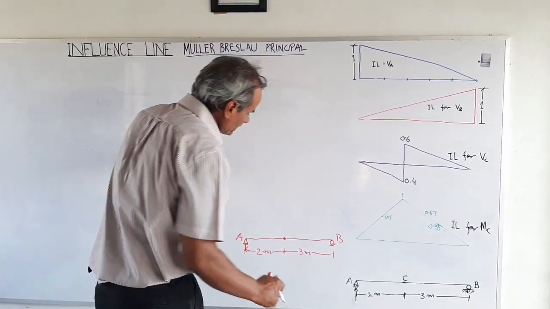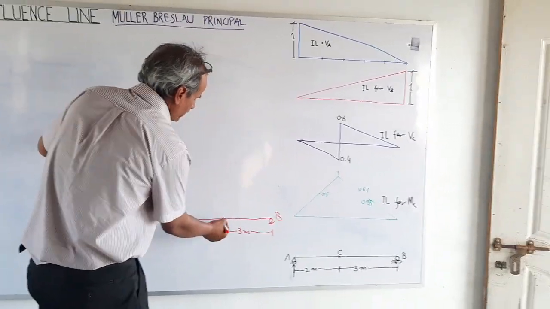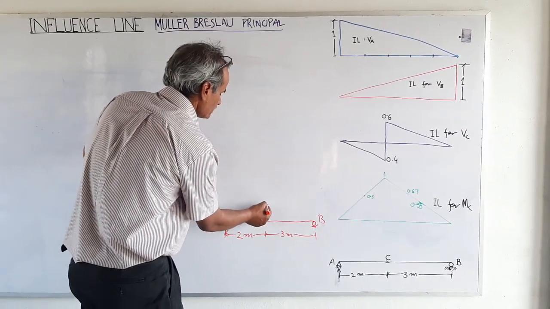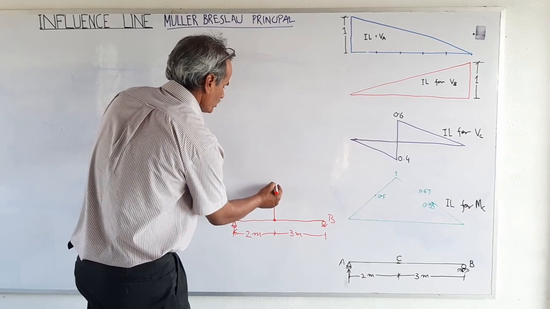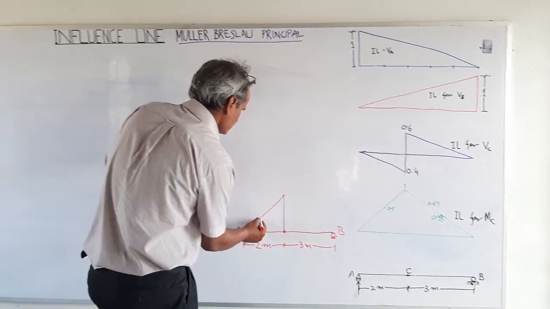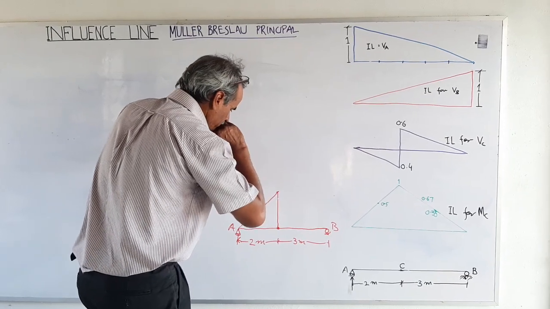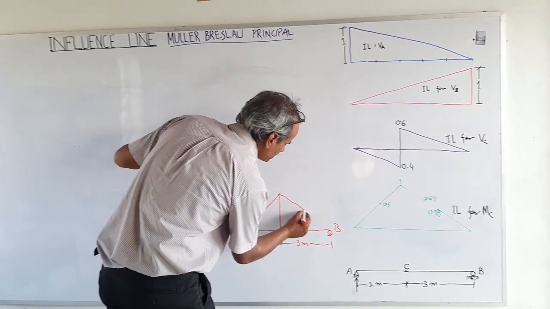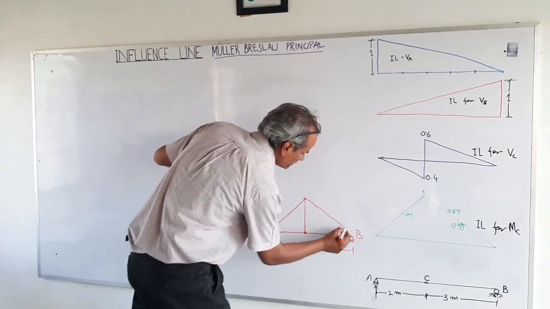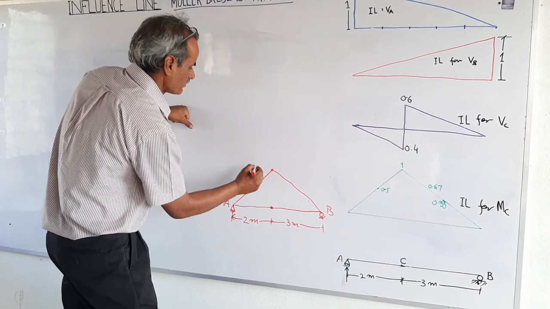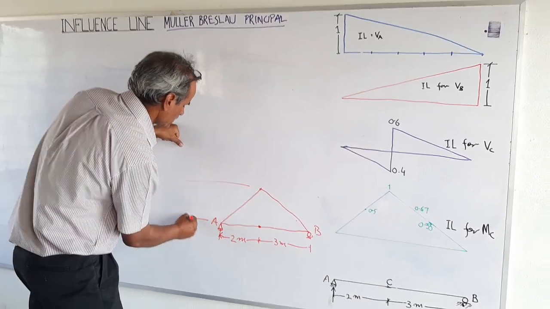So, having this property, now we give it a unit displacement, and join this displaced location with a straight line to the supports. This is, say, 1.